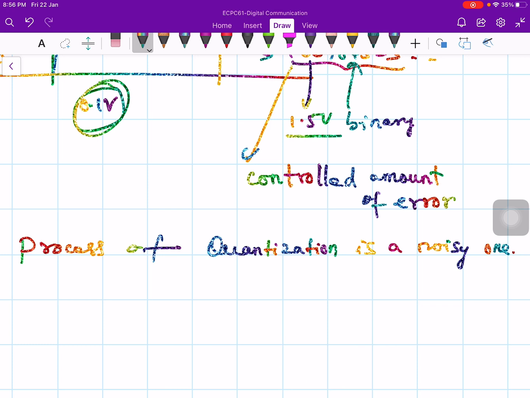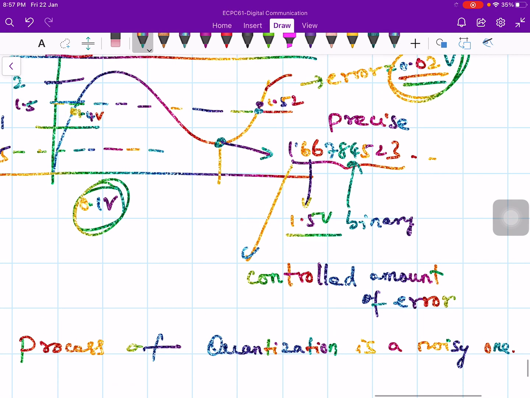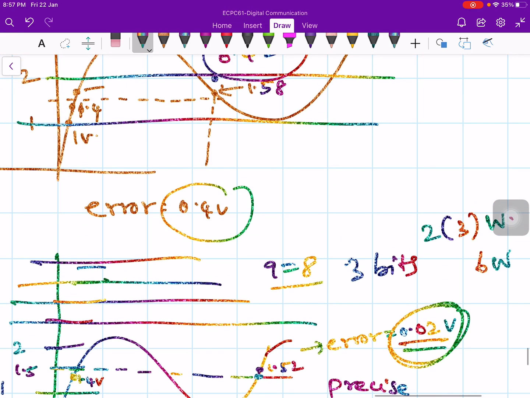We need to quantify that, how much power is being introduced. This error is called quantization noise, and because of this voltage, how much noise power or error power is introduced. Therefore, the next topic of interest is to be able to calculate how much quantization error or quantization noise is being introduced.